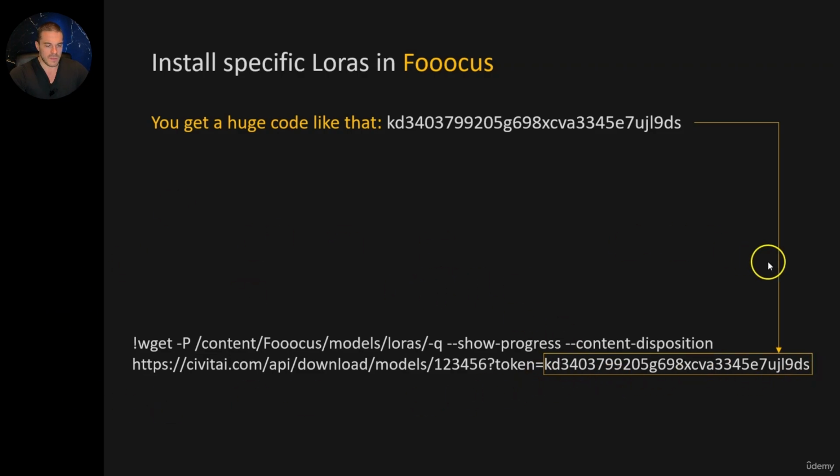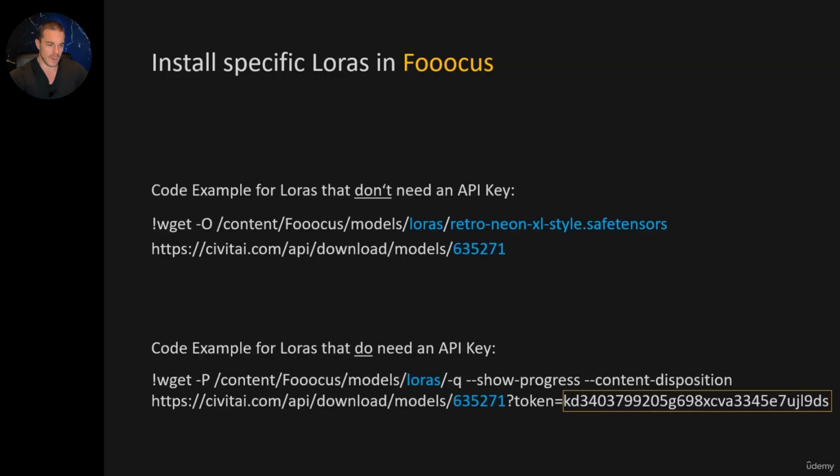And then you save that whole construct down here and you paste it in your Google Colab. And now you see the difference between installing LoRAs in general and installing LoRAs that demand an API key. Normally for LoRAs that don't need an API key, you have here the name of the file and this specific number.